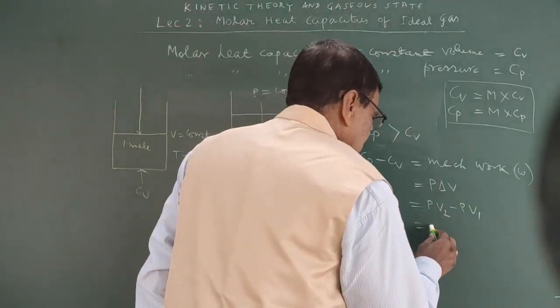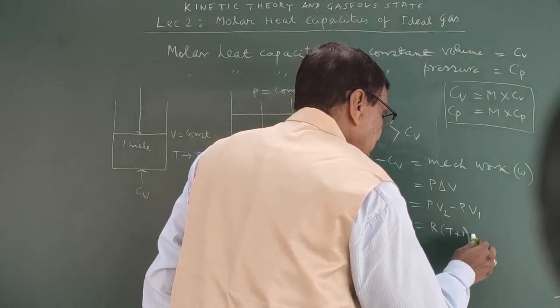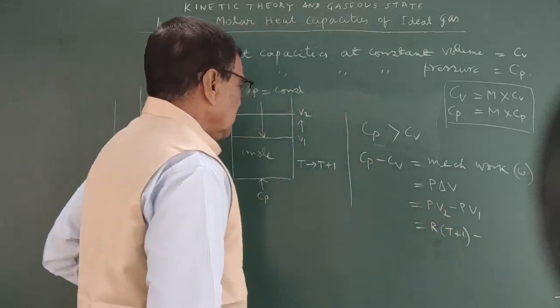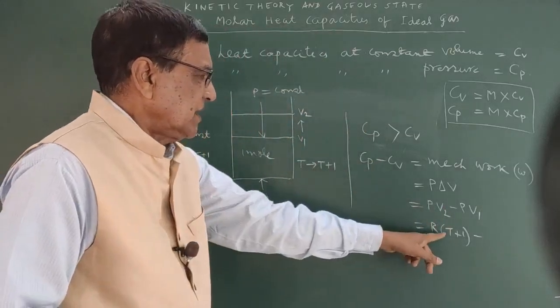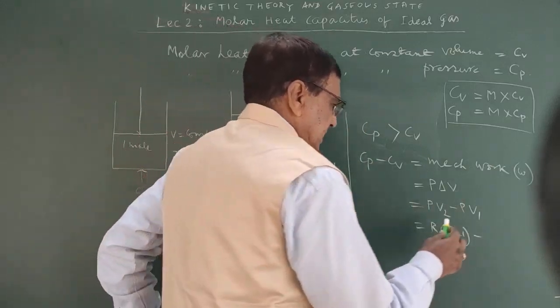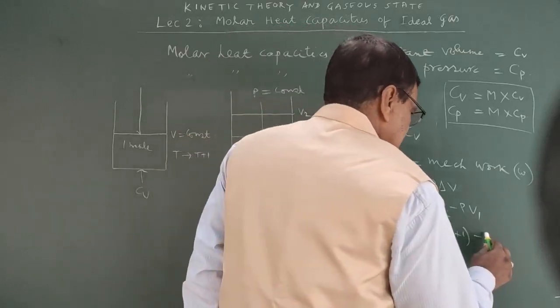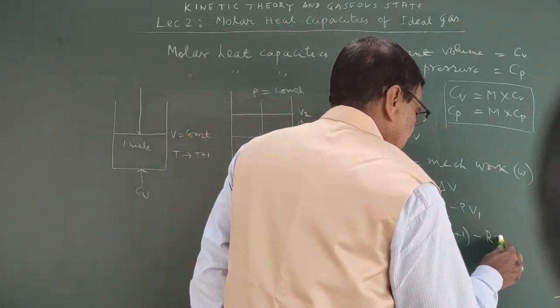So this is equal to R into T plus 1, the final temperature for 1 mole of gas, minus R T, when the initial temperature was T.